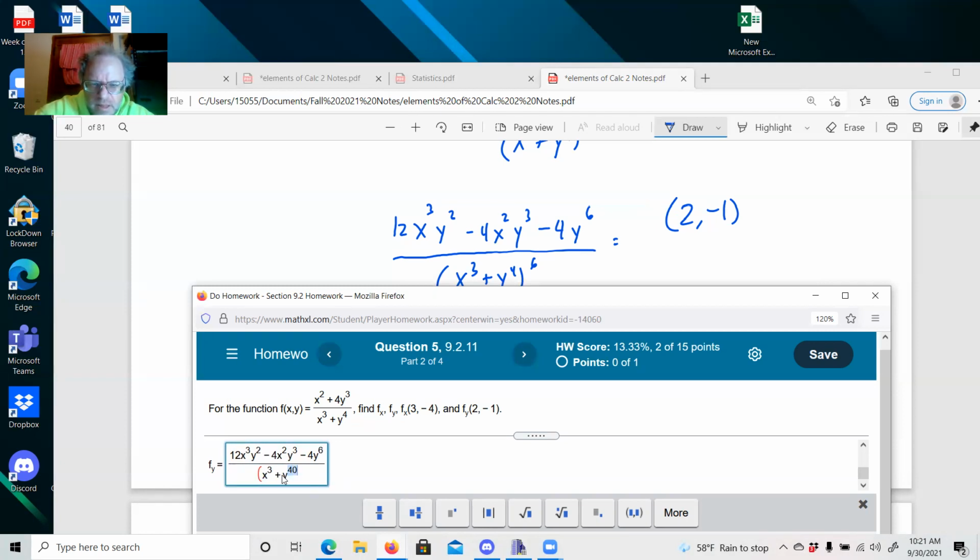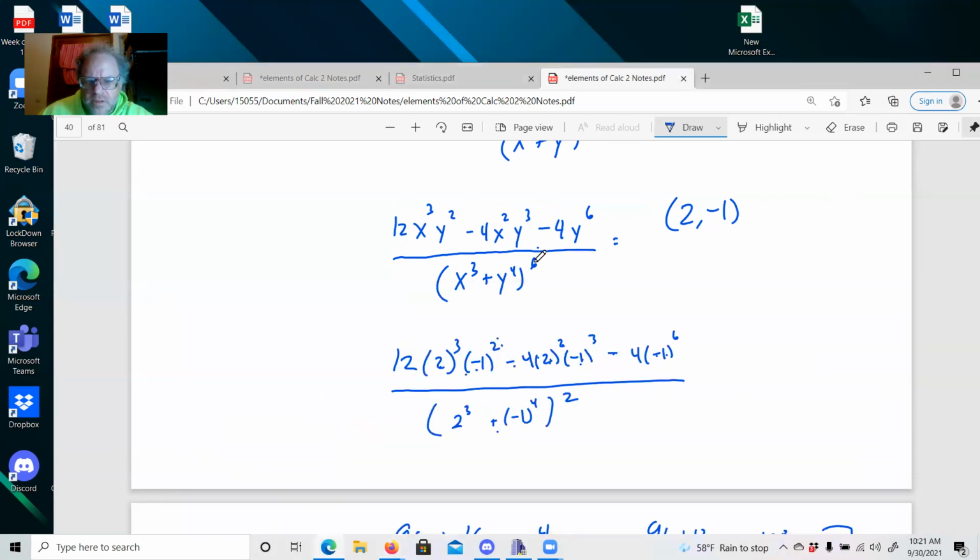Right? What do I have a 6 sitting there for? This should just be a squared. Whatever, it's 6. Did it again. Squared.